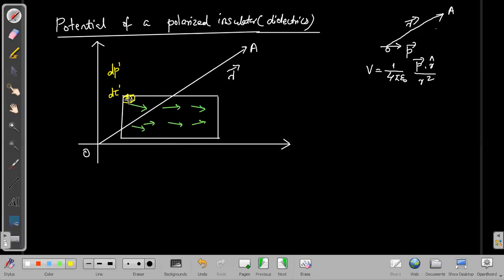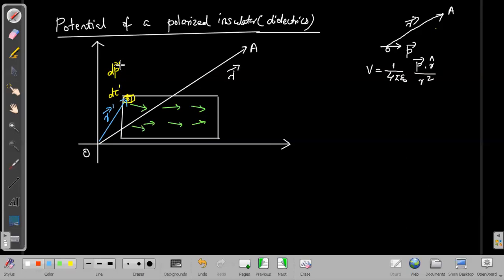So consider an infinitesimal dipole moment dp prime. I have to give a vector connecting the origin to the source point. This vector is the source, so the source is represented by the primed variable r prime.